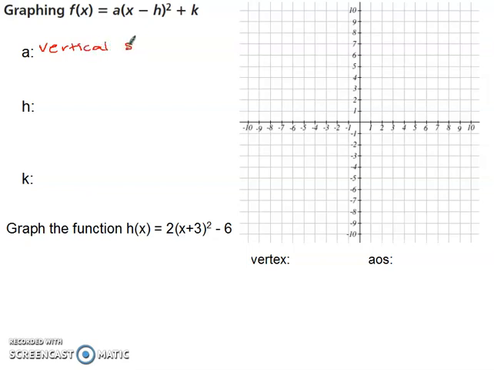So vertical stretch / compression. You can think of this kind of like slope. It's somewhat similar in that it tells you how steep or flat your graph is going to be. So I'm going to say this determines the pattern.